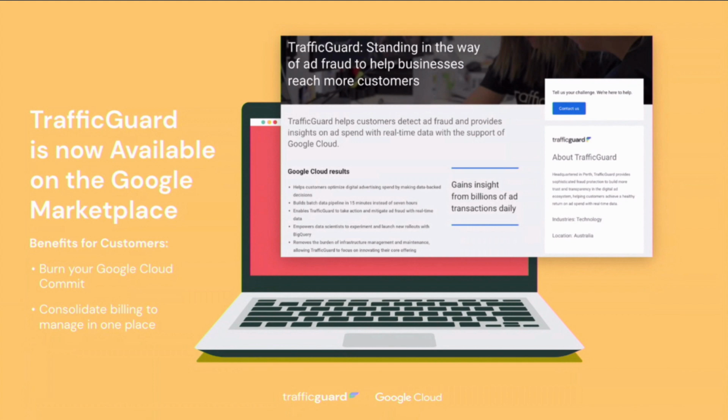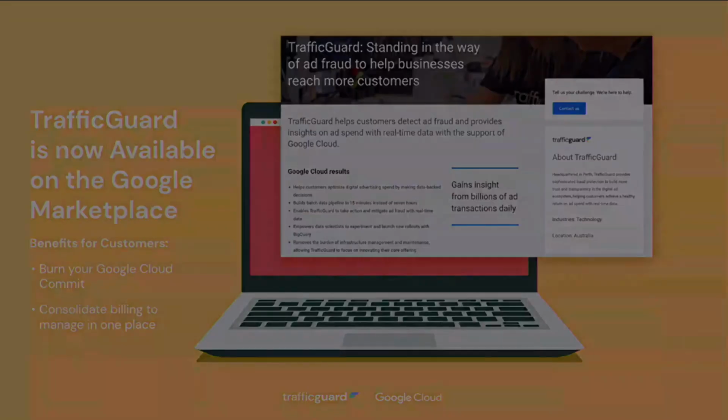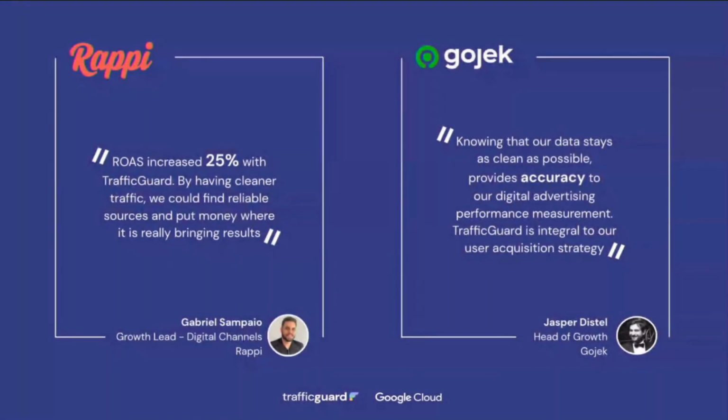And over the last few months, we've started to run trials and onboard customers through Google Cloud Marketplace. And it has this really amazing added benefit that you can then just pay for TrafficGuard through your Google Cloud bill. So it literally just gets added to that one bill that you're paying in Google Cloud, and all of it just sits in that one place. So it's an extremely efficient way to get invalid traffic detection and prevention.